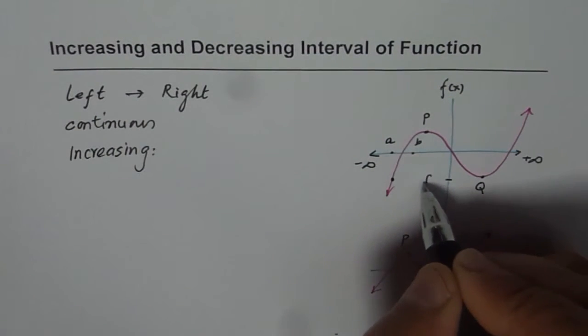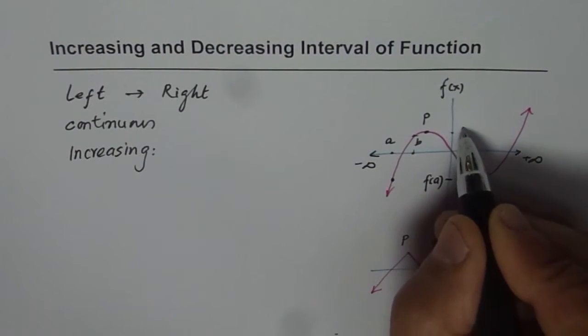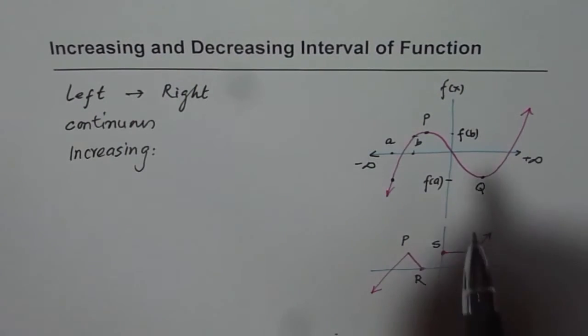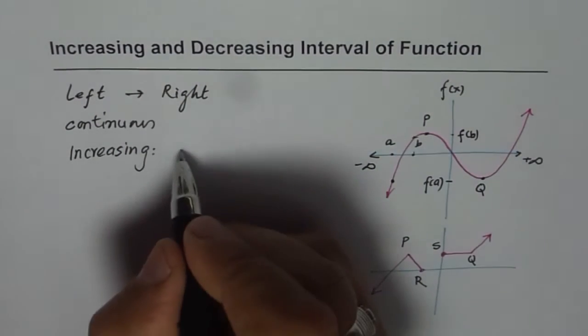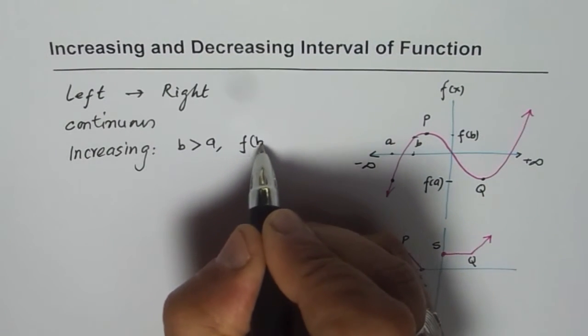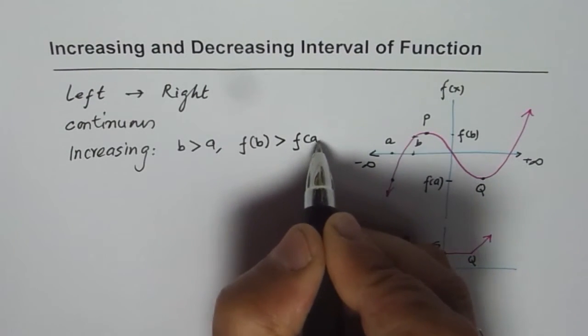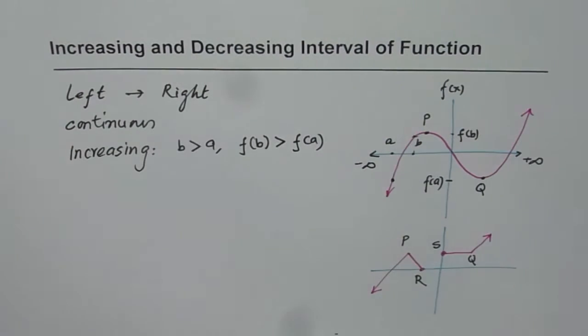At B, the value of the function is f(b). Now for increasing, if b is greater than a, then f(b), the value of the function at b, should be greater than the value of the function at a. So that is by definition increasing, and makes sense, right?